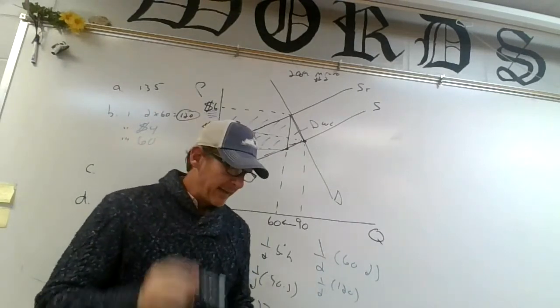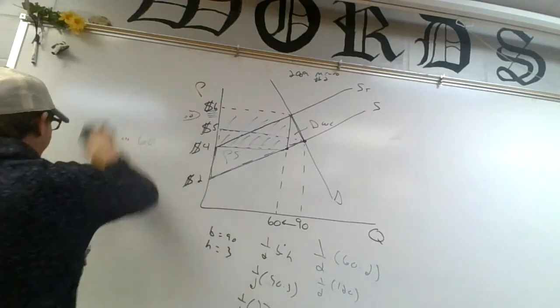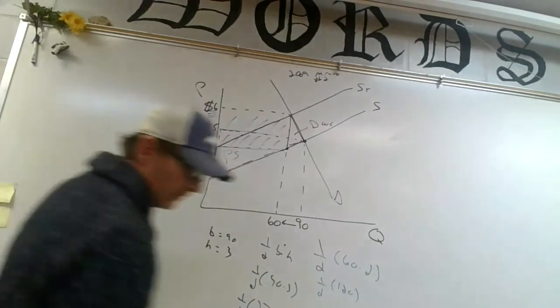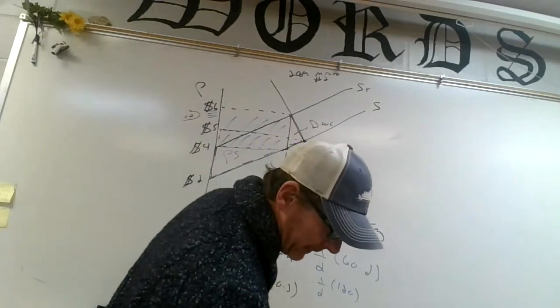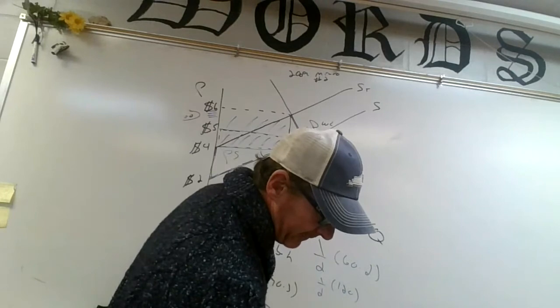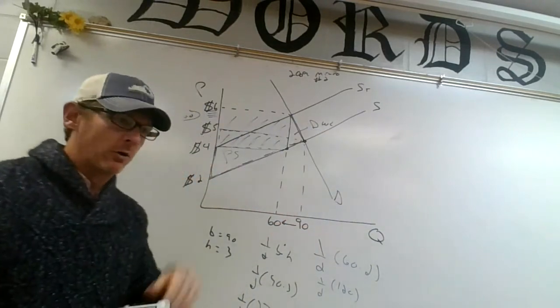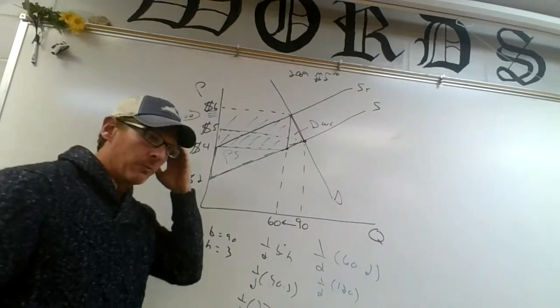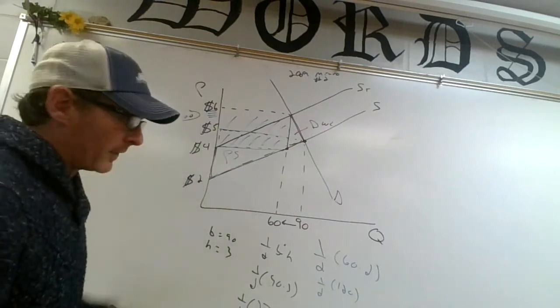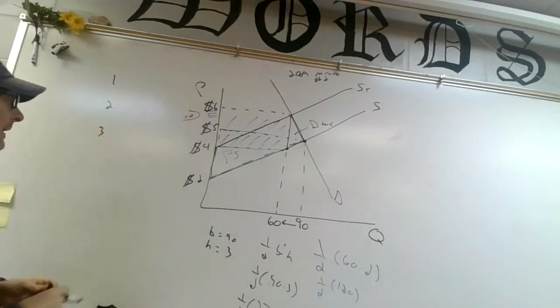The producer and consumer surplus, the total surplus or total human welfare, goes down. So that's A, B, and D.